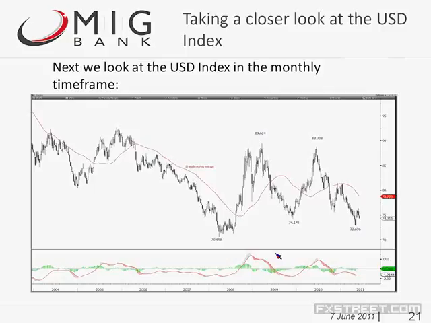Now if we look at the US dollar index on a monthly time frame, again on a candlestick chart, we can also see that there is what's called a symmetric correction from this 89.624 high. So you can see this here is a symmetric correction, and by that I mean if we take the vertical distance between this high here, the 89.624, to the 74.170 low, and we project it down from 88.708, we're pretty much getting down to this region here.